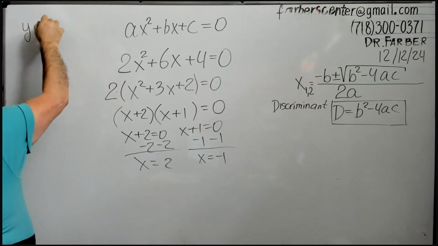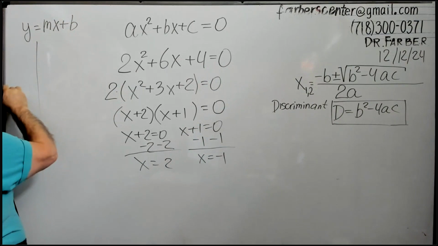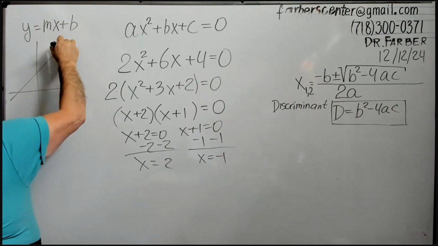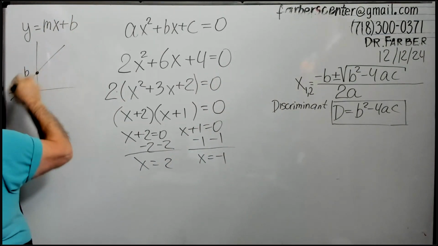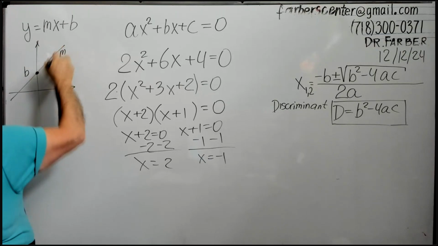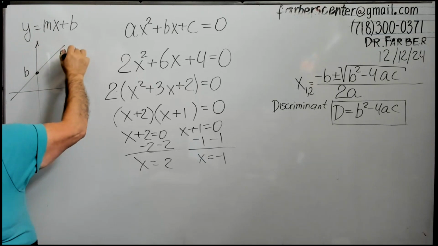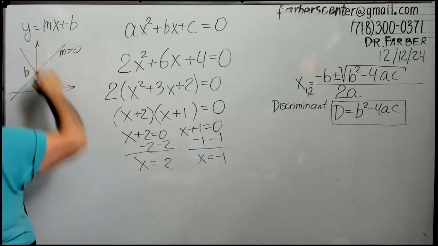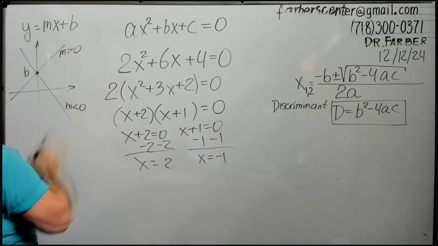And this is a line where m is the slope and b is the y-intercept. And the slope shows how steep your line is. If the slope is greater than 0, the line goes up. If the slope is less than 0, it goes down.